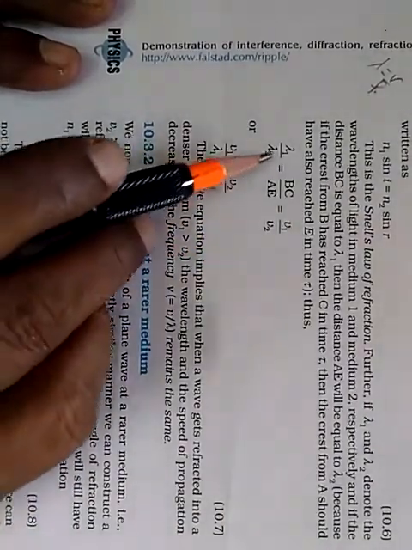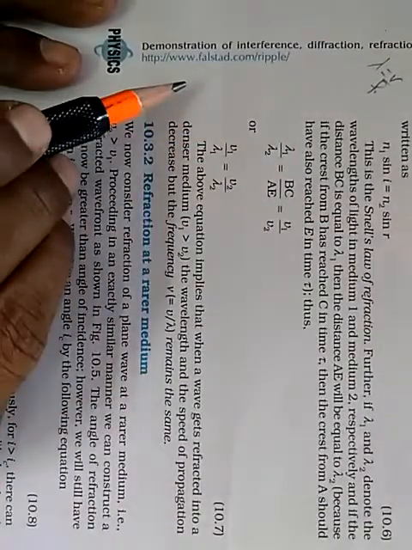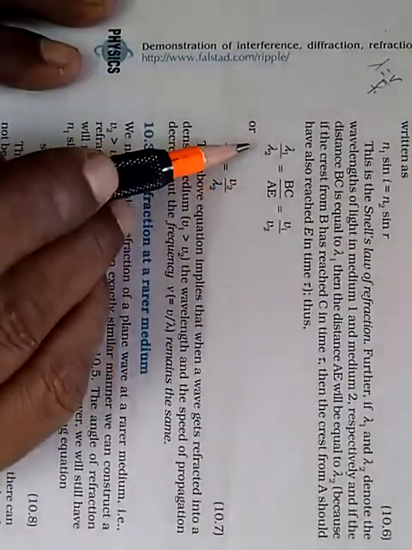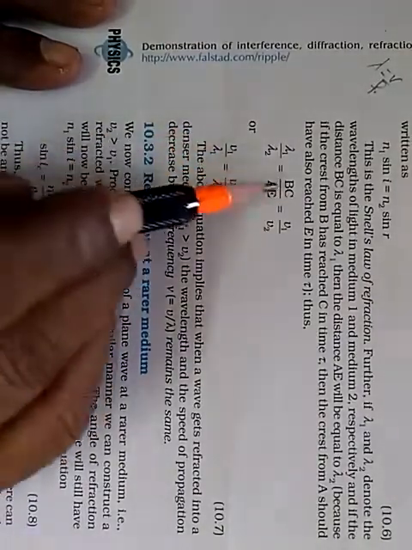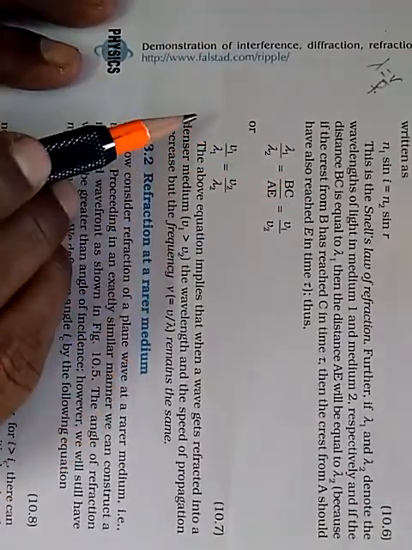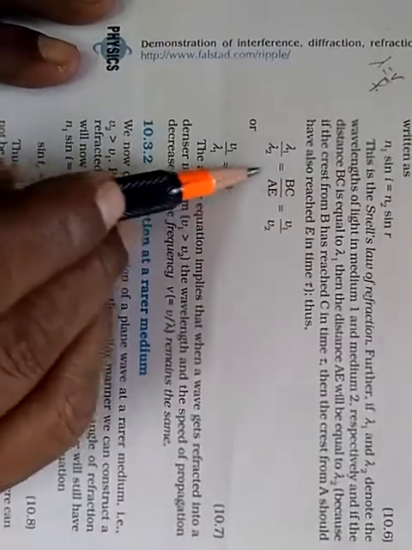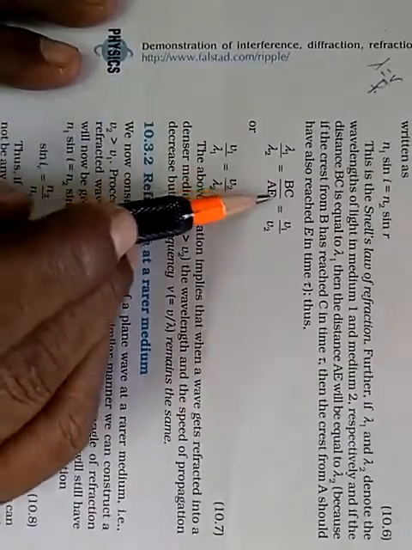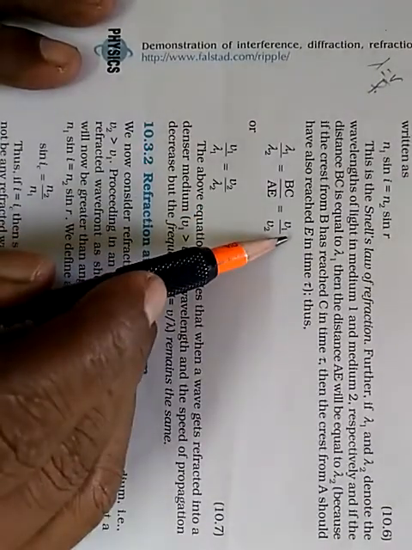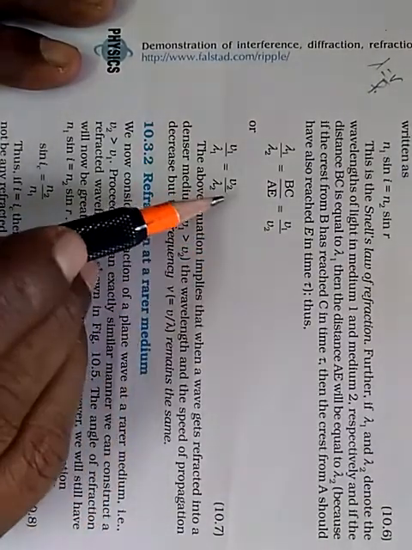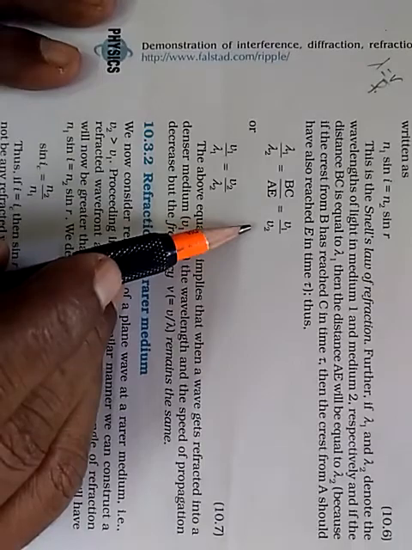That is, the wavelength in medium 1 divided by the wavelength in medium 2 is equal to BC, the length in medium 1, over AE, the length in medium 2, the wavefront length, which is equal to the velocity in medium 1 divided by the velocity in medium 2.